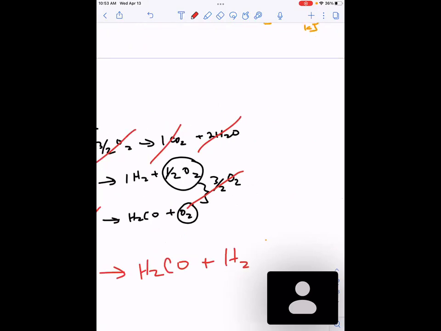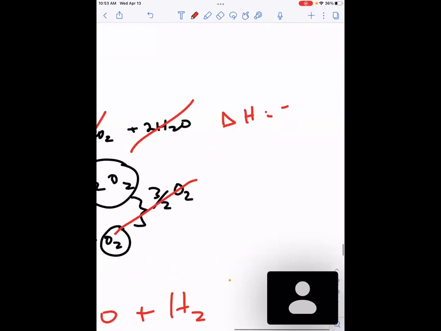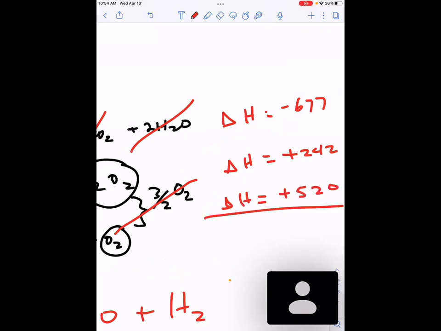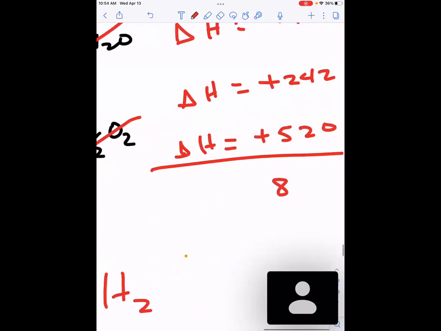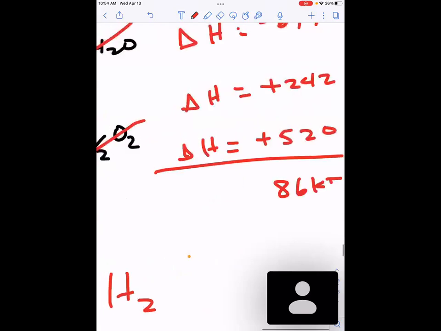For this step, delta H was negative 676, or I'm going to say 677. For the second step, delta H was positive 242. And for the last step, it was positive 520. So we add all those up, it should come out to 86 kilojoules.